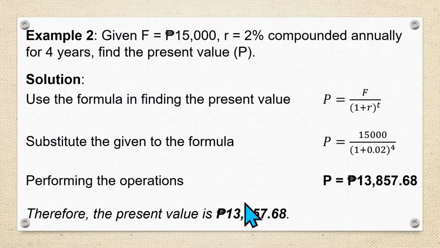So therefore, the present value is 13,857.68. So the money or the principal amount is this 13,857.68. Okay?